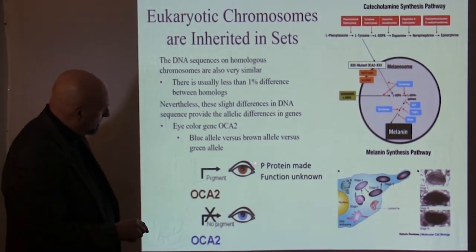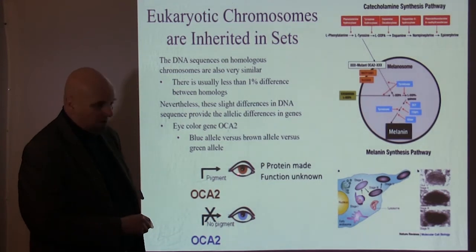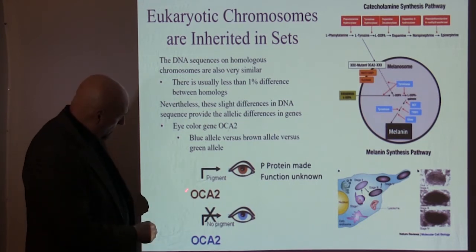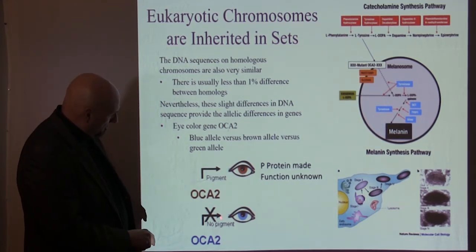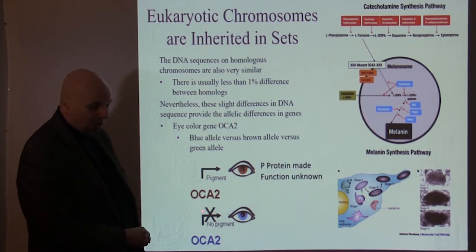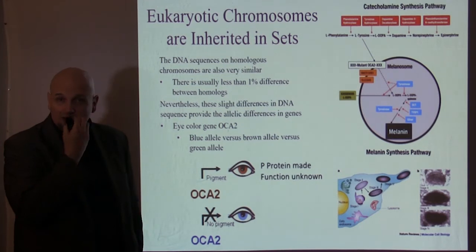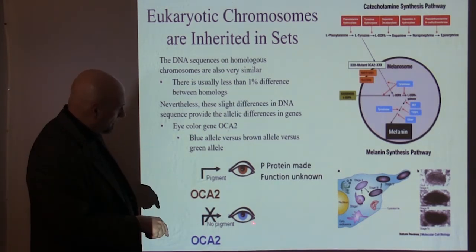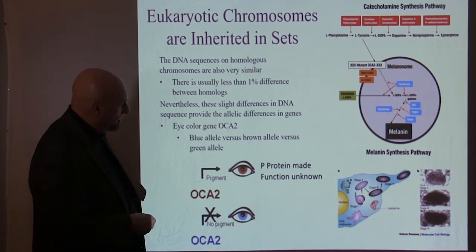The brown allele produces a protein called the P protein. We don't necessarily understand the function of this protein, but it brings about brown colored eyes. Whereas if you have a mutation in OCA2 where it cannot produce the P protein, then what's left is blue eyes, which have no pigmentation. That gives the distinctive blue color that you see.